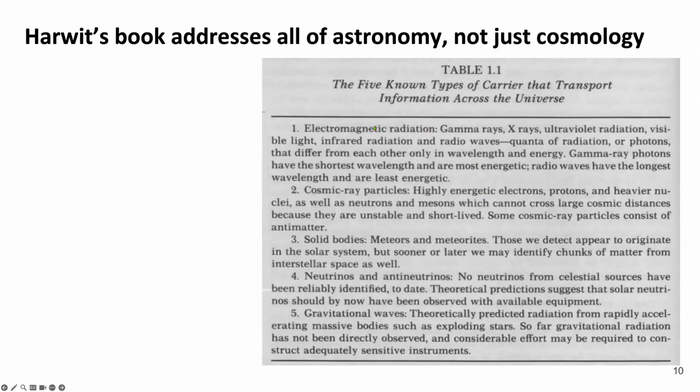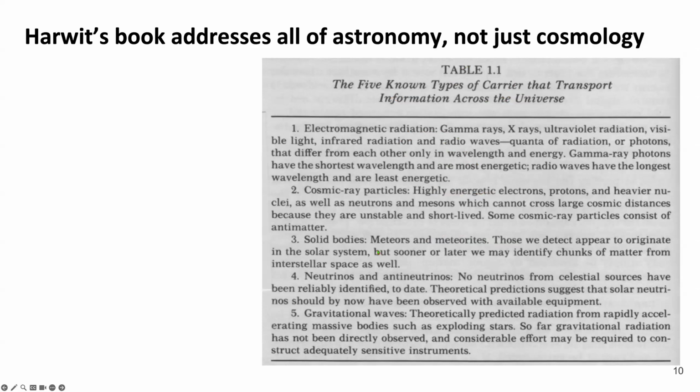So here he has summarized the types of information that we can expect to gather from the universe, and it's a pretty complete list. Electromagnetic radiation, that's all the forms of light of all wavelengths, cosmic ray particles, looking at visitors that come into view, meteors, meteorites.